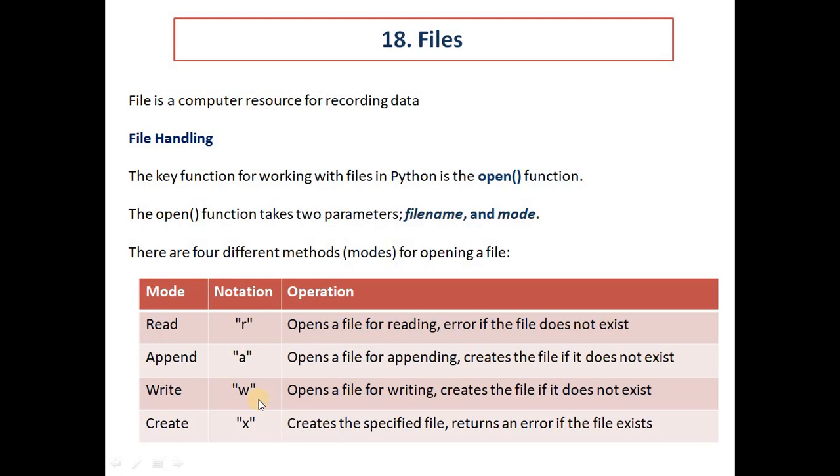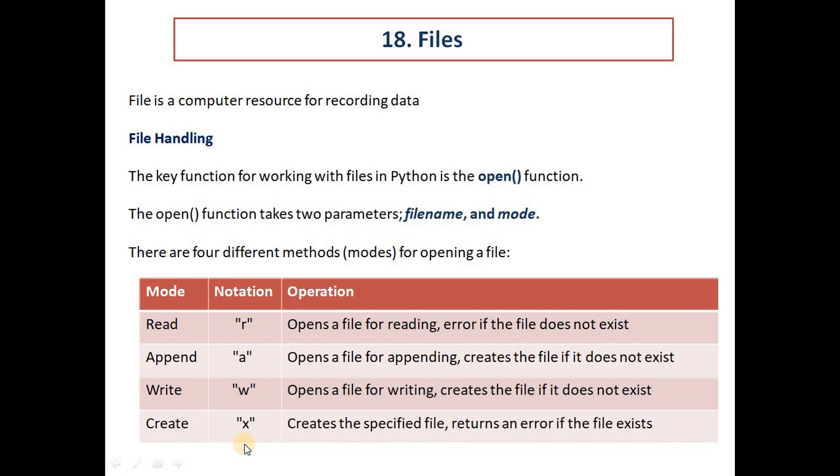The difference between append and write is that append will add a new line to the end of the document, while write will overwrite the existing data in the file. And create, which is indicated by X, is used to create a new file.